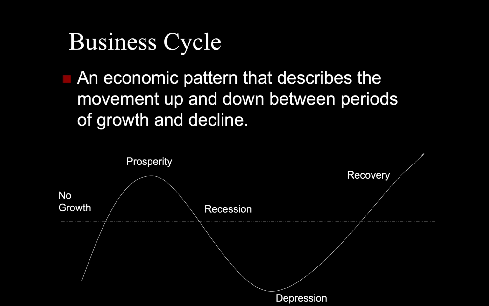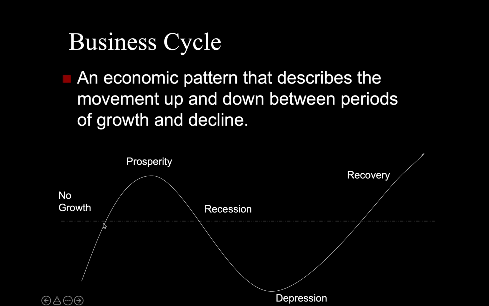To understand the stock market, you have to understand what is known as the typical business cycle. In any economy, the business cycle refers to the economic pattern that shows the movement up and down between periods of growth and decline. So, for example, beginning over here on the left-hand side of the chart, as a company is created and takes on investors, the value of the company and the value of its stock increases.